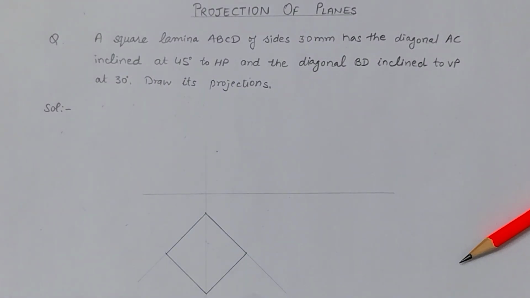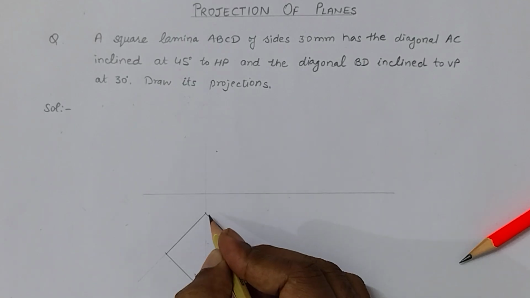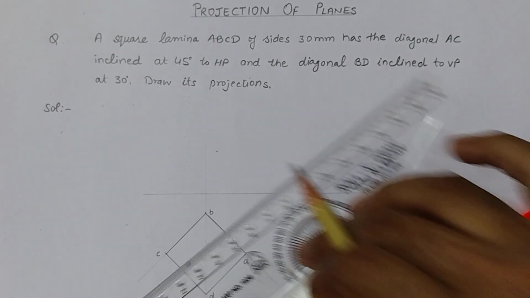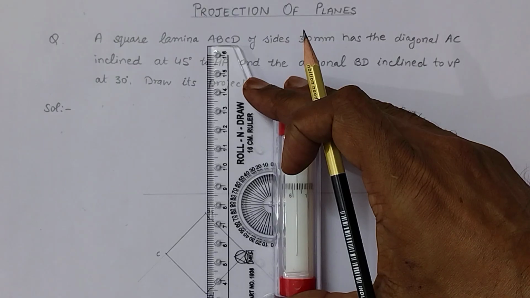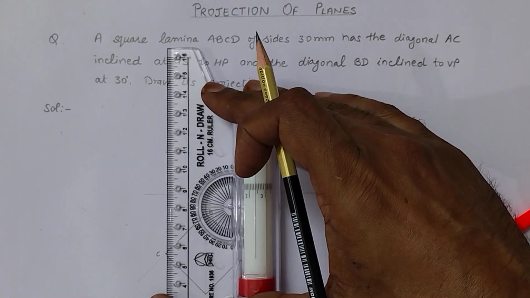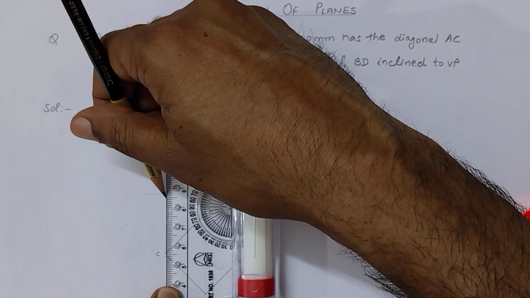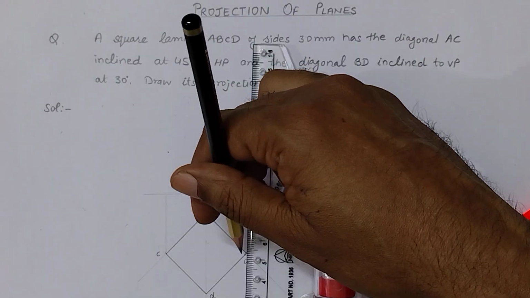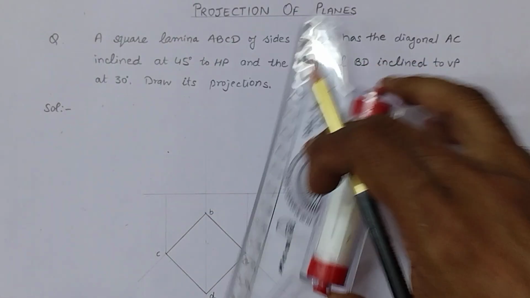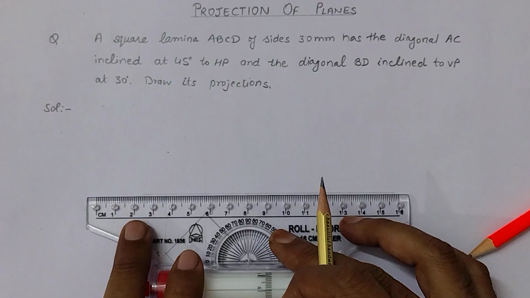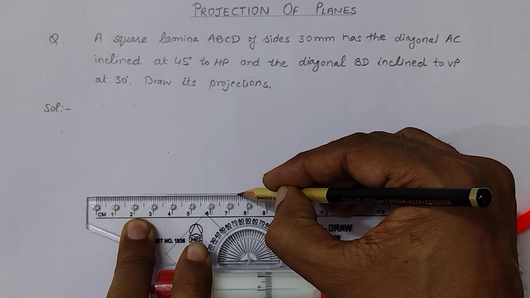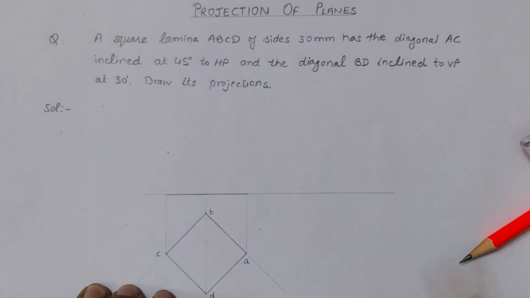So name this lamina as A, B, C and D. So here is top view.